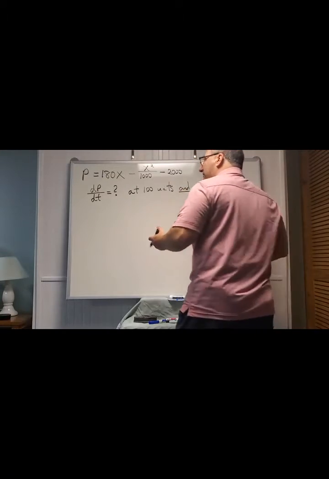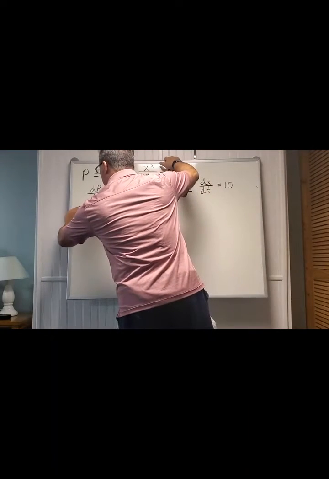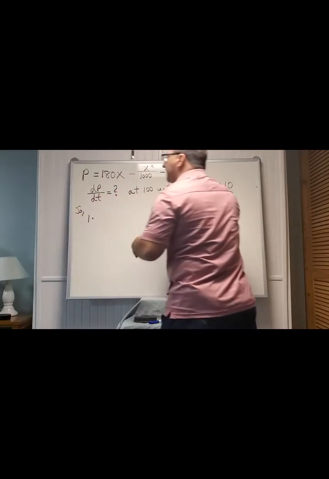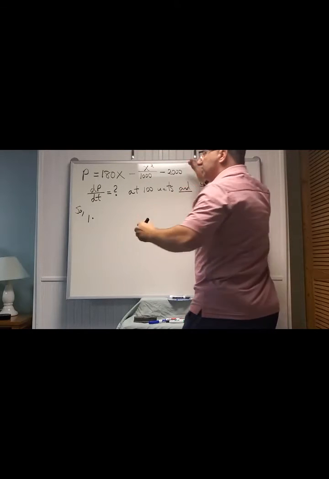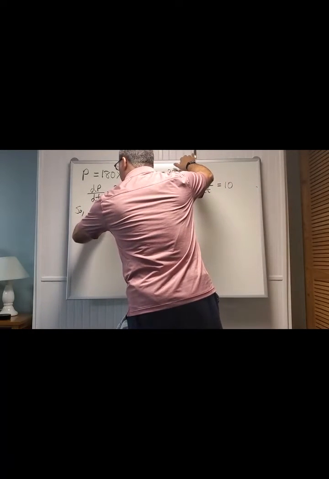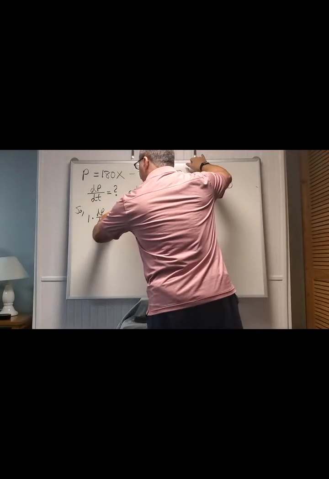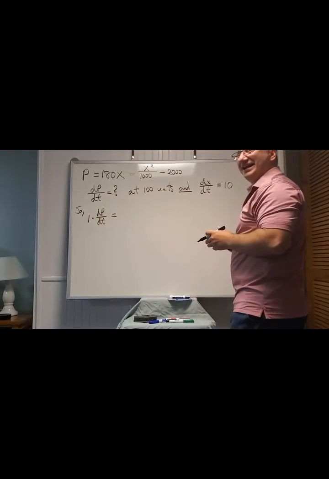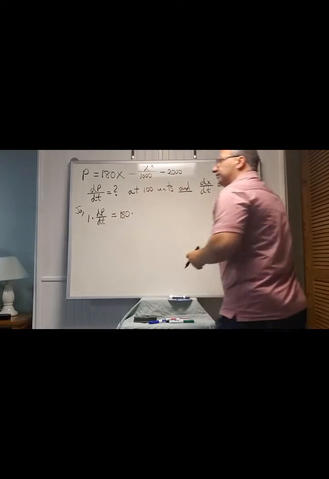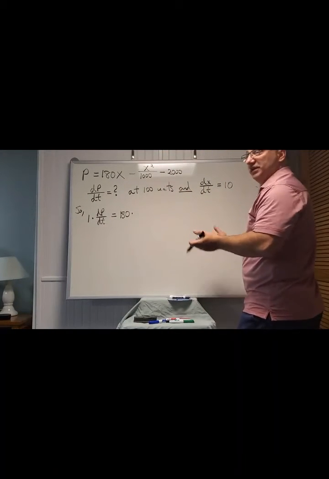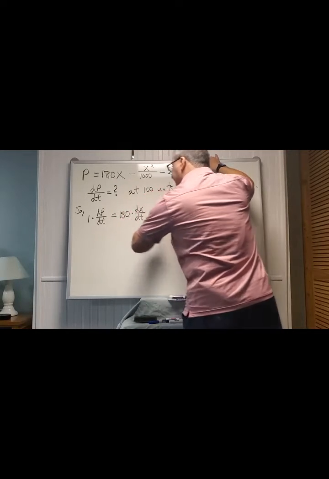How does that happen? Well, you take the derivative of P. The derivative of P should be 1, but I do not know if that function P is a variable of t or not, so we multiply by the chain rule by dP/dt, equals the derivative of 180x. Well, that should be 180, but that x could be a function of t, so by the chain rule it's times the derivative of x with respect to t.